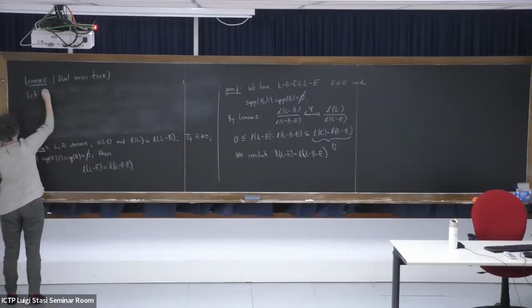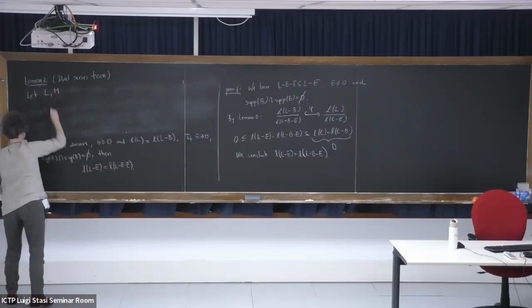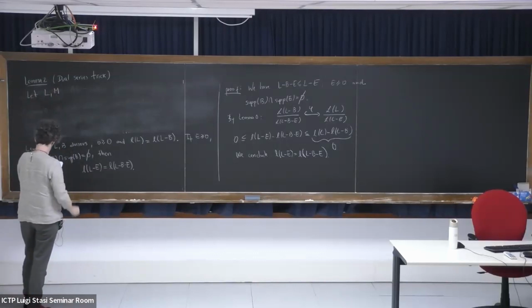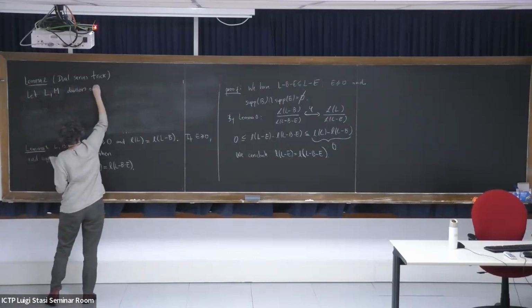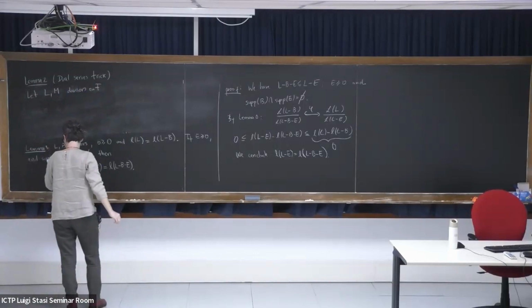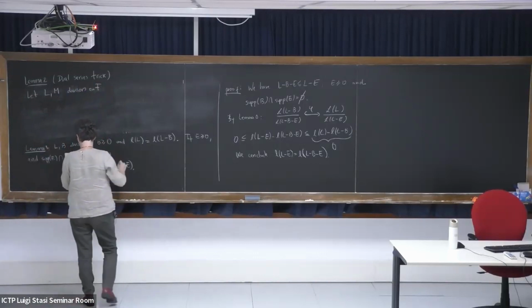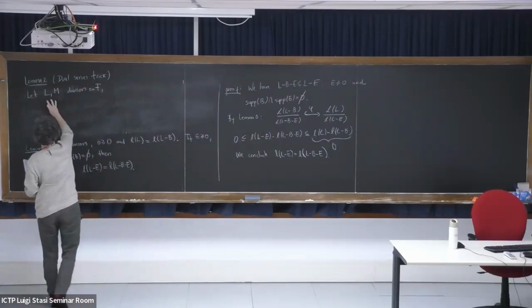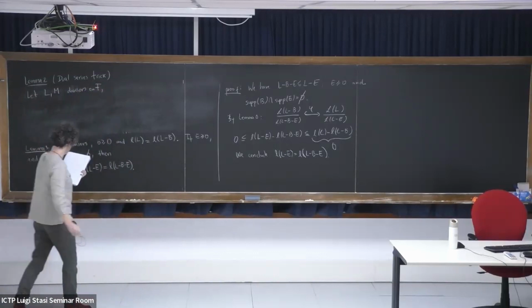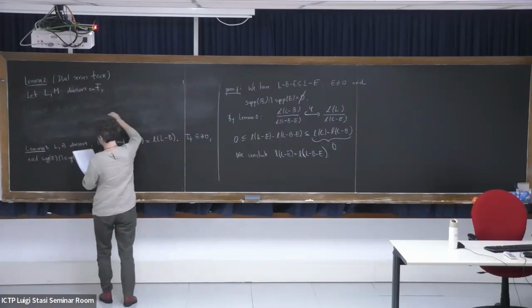You have divisors L, M, divisors in your function field. For these ones you don't need any hypothesis, and you take another two positive divisors.